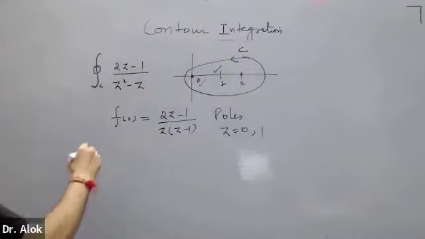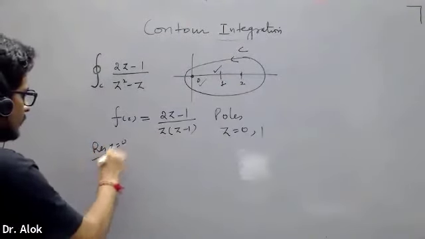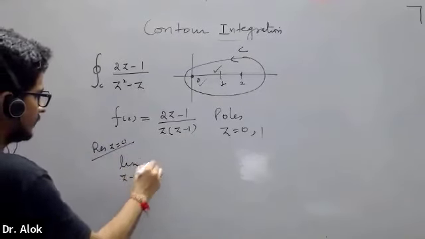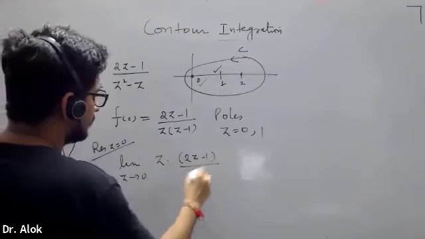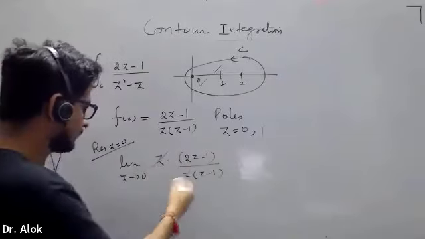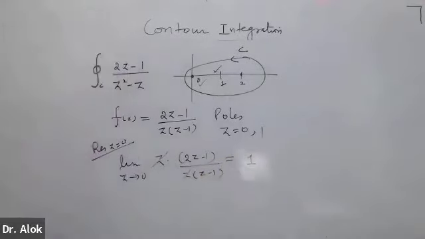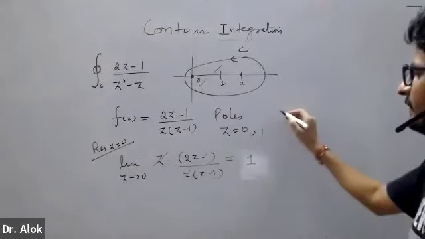And find the residue. So residue at z equal to 0 will be limit z tending towards 0 of z times (2z minus 1) over z(z minus 1). So z tending towards 0 means 1. So this is 1. अब जरा quickly निकाल के दिखाओ for z is equal to 1. Quickly.